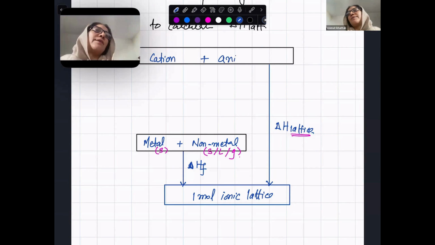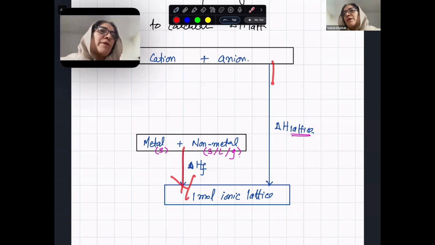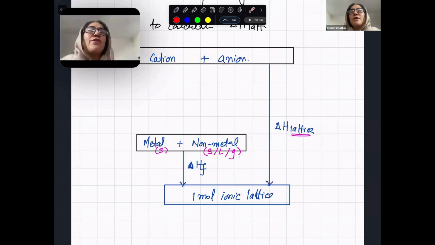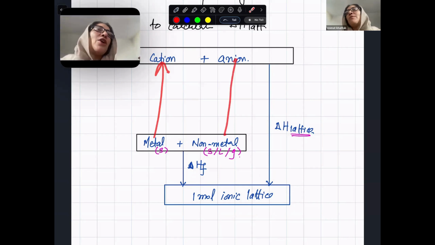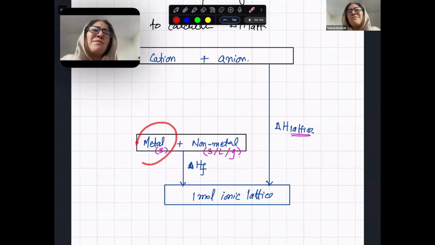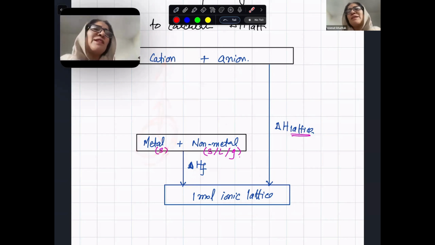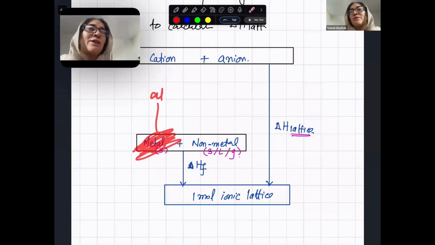Now what you are supposed to do? This is formation, this is lattice, it is from elements, it is from ions. Now you are supposed to link the metal to cation, the non-metal to anion. How can you link a metal to cation? You have to atomize the metal, you have to break the metallic bond, you have to turn the metal into atoms.